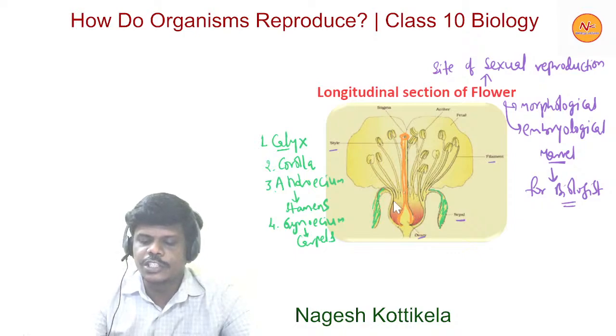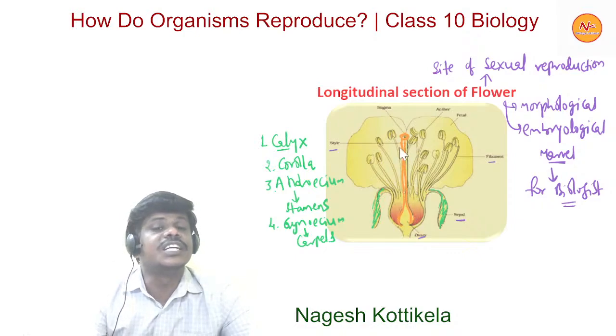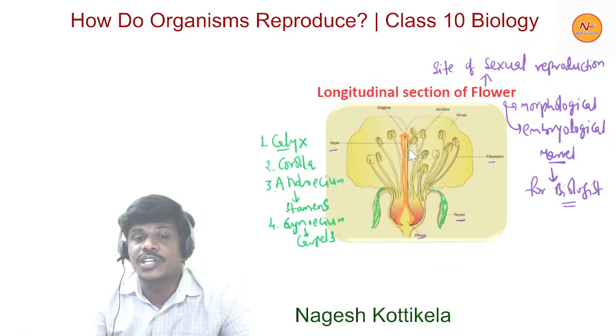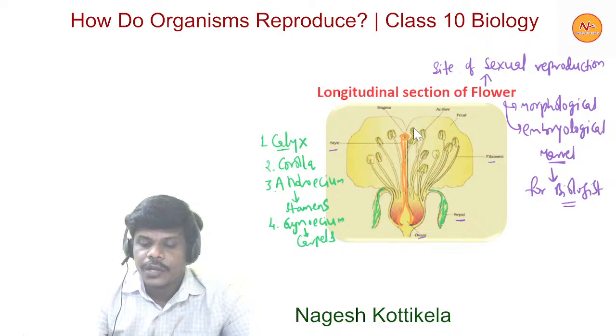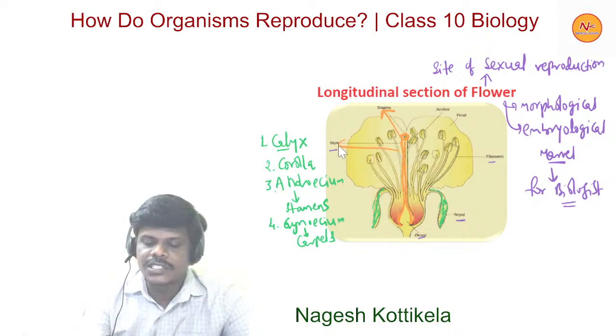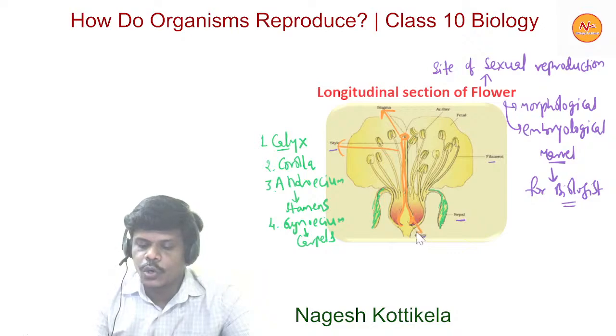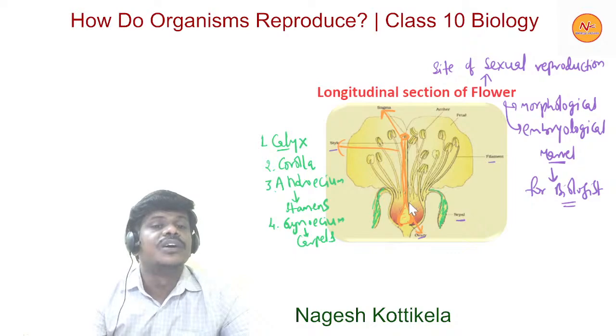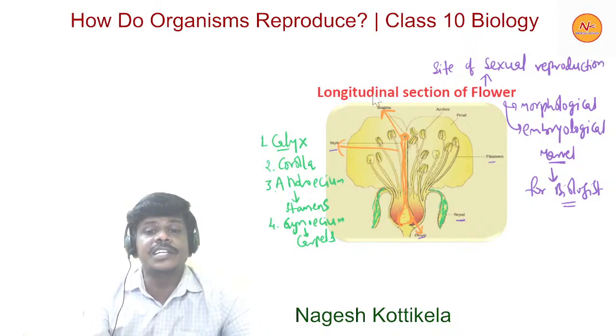This central part is the pistil. It has three parts: the stigma, the style, and the ovary.